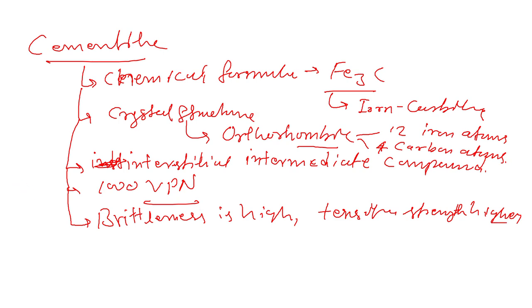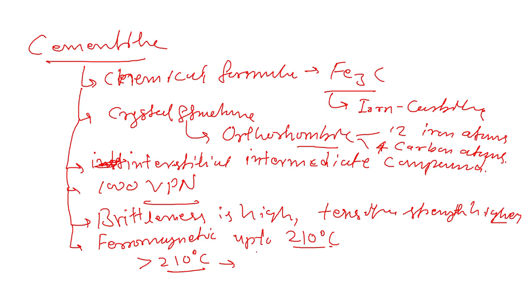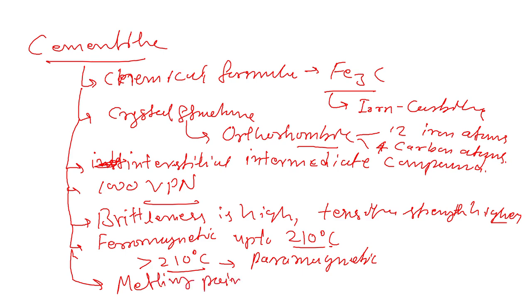This phase is ferromagnetic up to 210 degrees centigrade, and above that it is paramagnetic. The melting point of this phase is 1227 degrees centigrade.